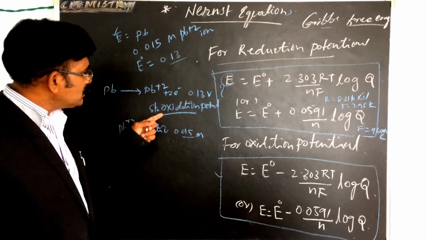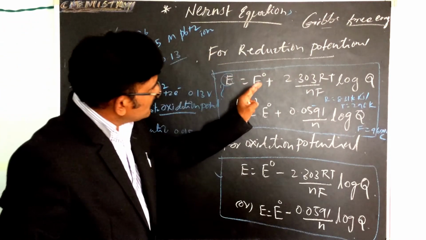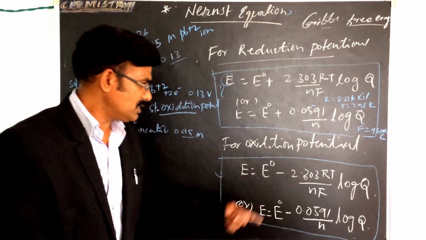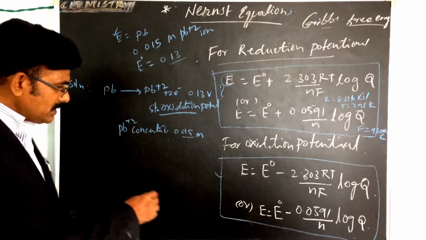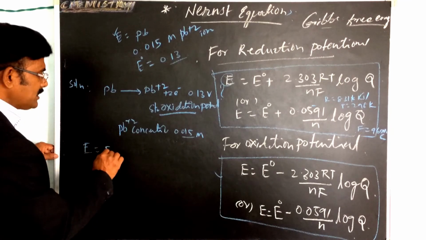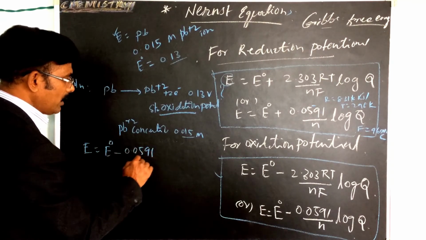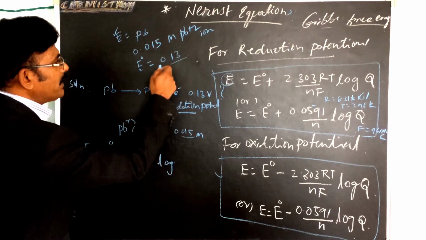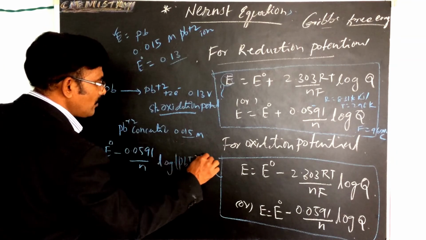This is the oxidation, so we have to select the oxidation potential equation. Now E is equal to E0 minus 0.0591 by n log Q, where Q is the lead concentration.